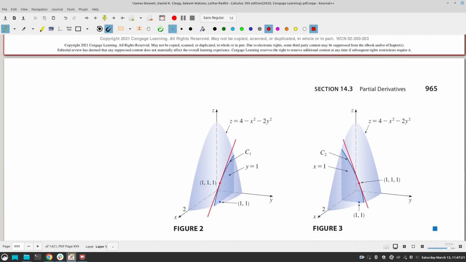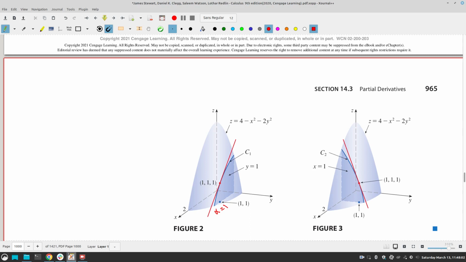The intersection of the plane x equals 1 with the paraboloid gives you the curve C1, and the intersection of the plane y equals 1 with the paraboloid gives you the curve C2.